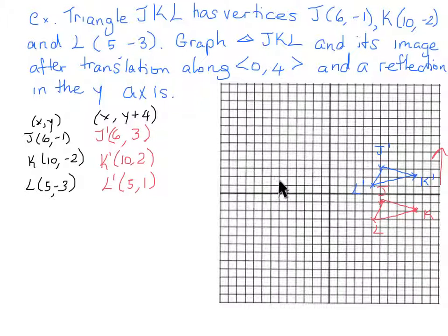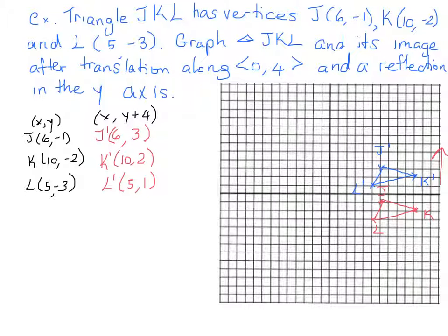So I'll repeat. Focusing on L for a moment, from here to here will be the same as from here to the new image. So that means our y coordinates will stay the same for each of these points, but the x coordinate will just be the opposite sign.